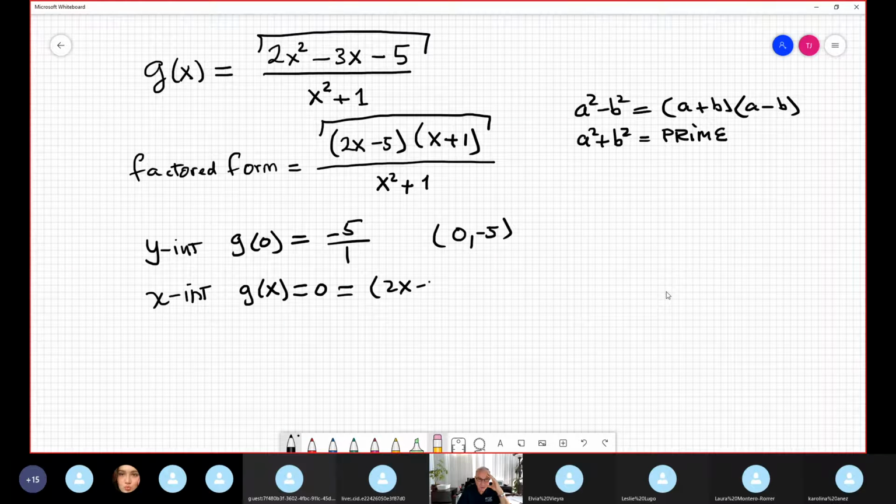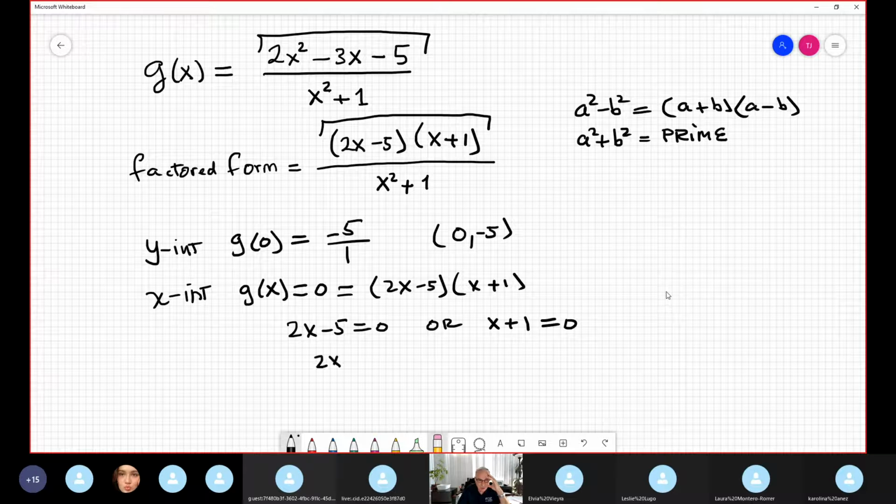For solving this quadratic equation, for me it's super easy. You separate one by one: the first factor equals 0, or the second factor equals 0. Okay, you have two linear equations in that case. 2x equals 5, so x equals 5 over 2. The second is x equals -1.